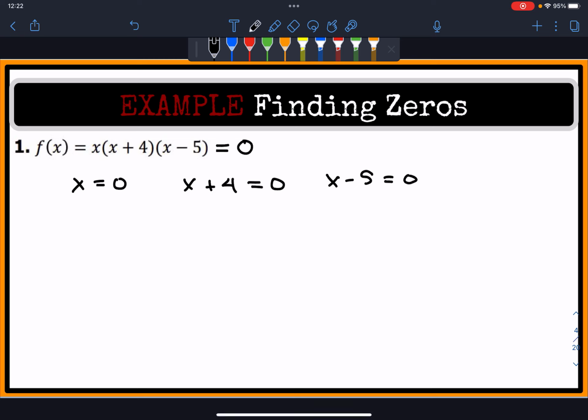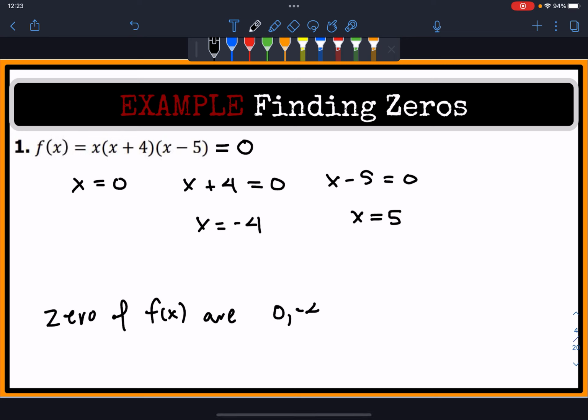Well, for the first one, it's already solved. x is equal to 0. But for the second one, x plus 4 is equal to 0 by having x equal to negative 4. And for the third one, x minus 5 is equal to 0 by having x equal to positive 5. So the zeros to this polynomial are 0, negative 4, and 5, which is essentially the solution to the equation.